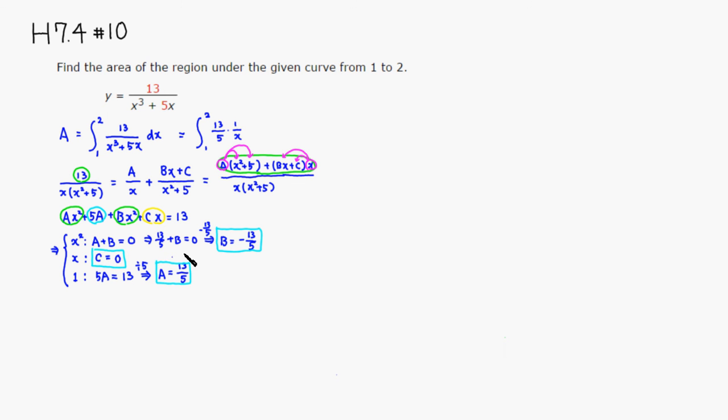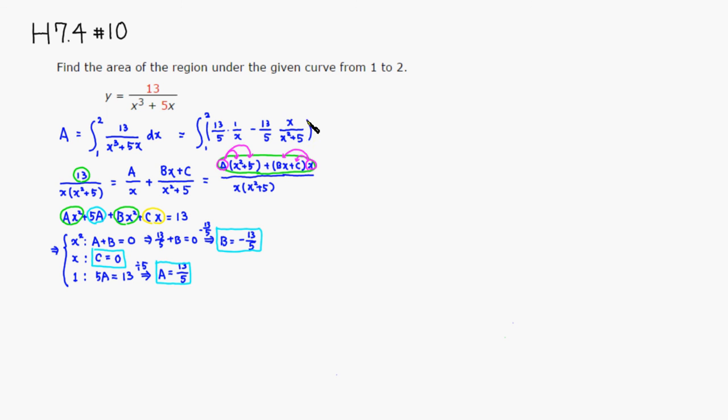Then B is negative 13 over 5, so I'm going to put negative 13 over 5 times x over x squared plus 5, and the C is 0, so that goes away.